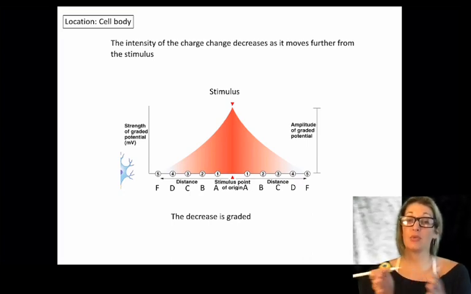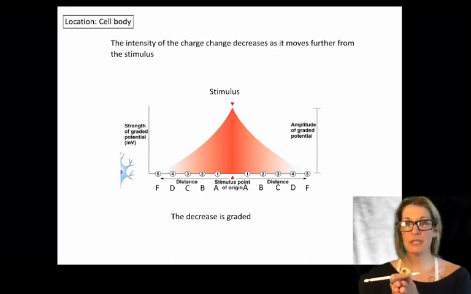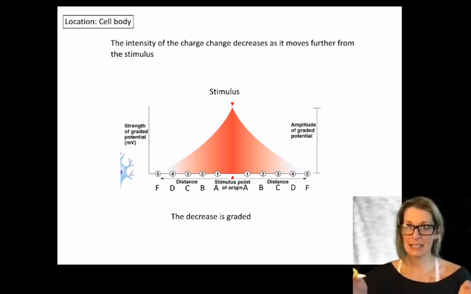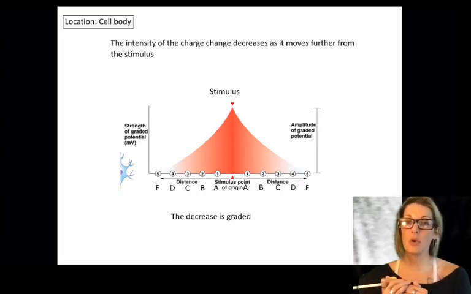So this is a graded scale. Graded potential. The further we move from the stimulus, the less intense that change in membrane potential is. The lower the change in membrane potential is. So this is a graded potential.